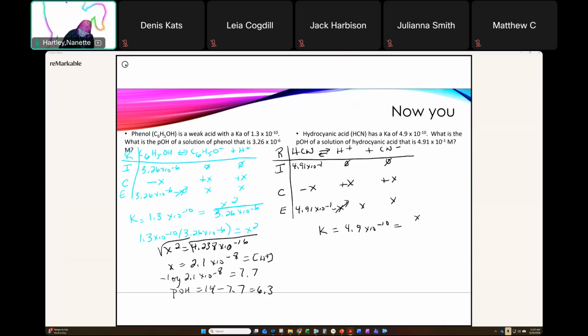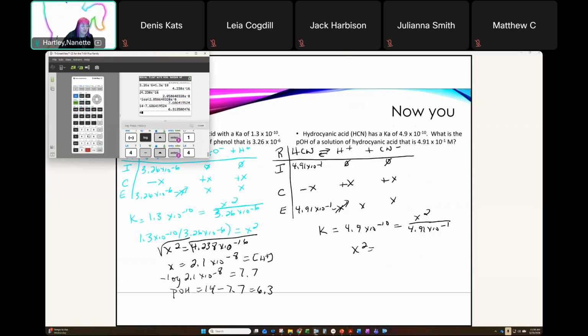X squared over 4.91 times 10 to the minus 1. And so my X squared is equal to that 4.9 times 10 to the minus 10 times 4.91 times 10 to the minus 1.